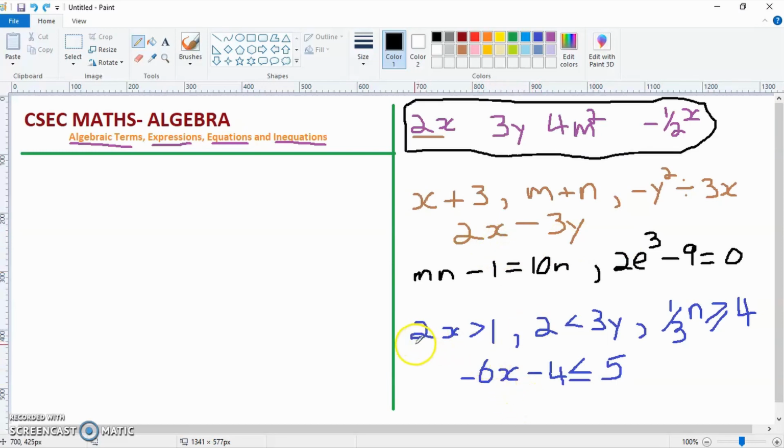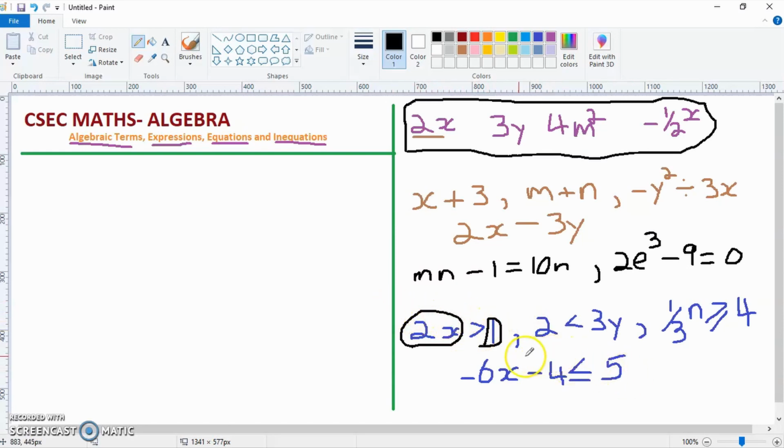As in the case here, this 2x is an algebraic term, and this one here is an algebraic term. They are not separated by an addition, subtraction, or division sign, but by an inequality sign. On either side of the inequality sign they stand alone.